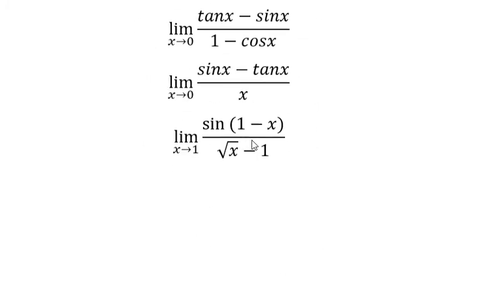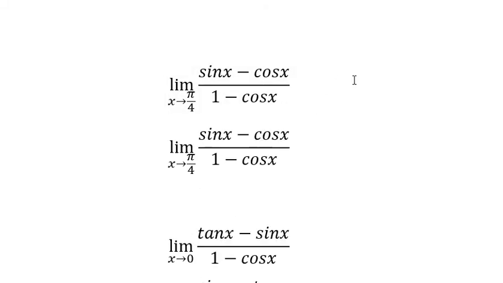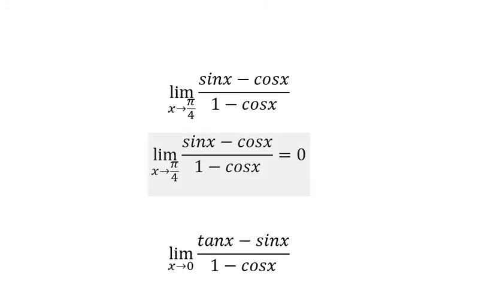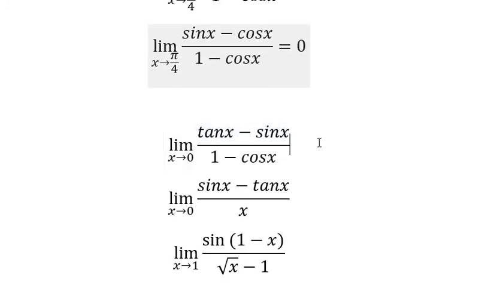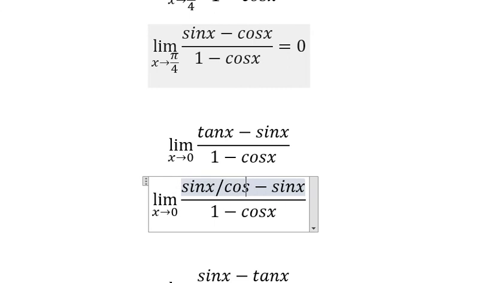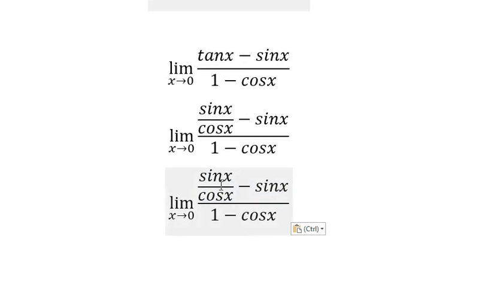Now let's go to the next one. For this one, we just put pi over 4 here, here, here, and you get 0. Now let's go to the next one. For tan x, I can put it into sin x over cosine x. Sin x, we can do factorization here.